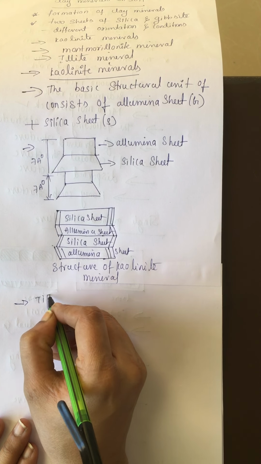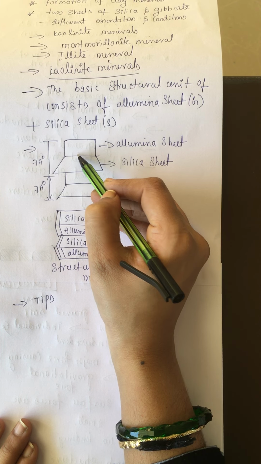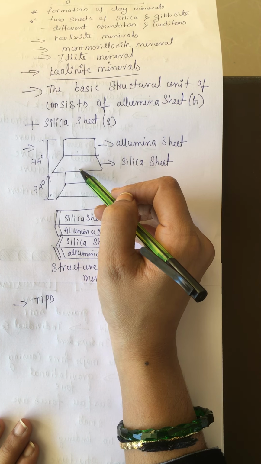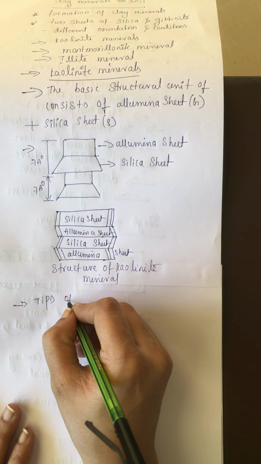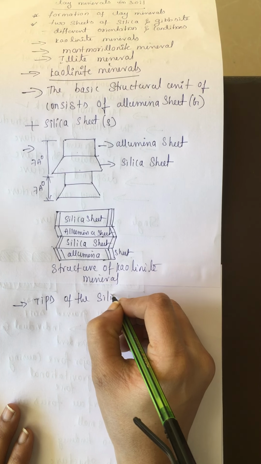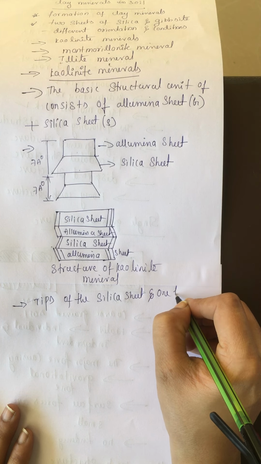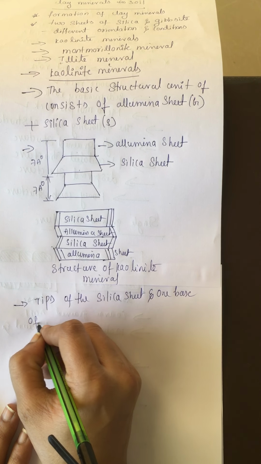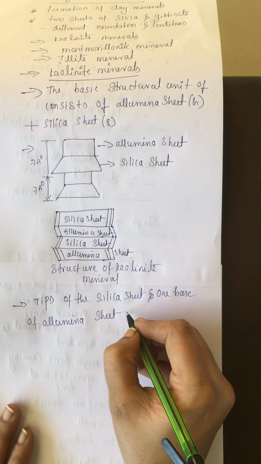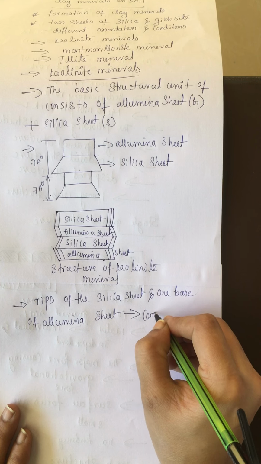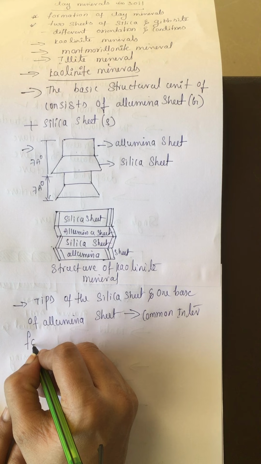You can see that the tips of the silica sheet are combined with the alumina sheet and they form a common interface.